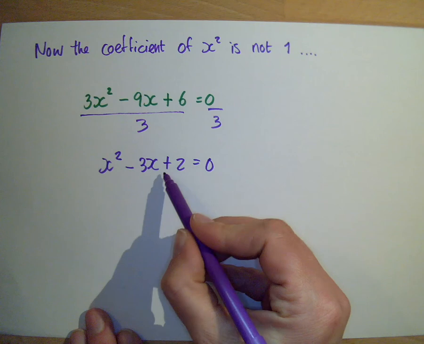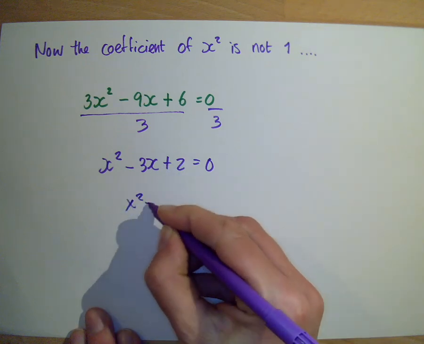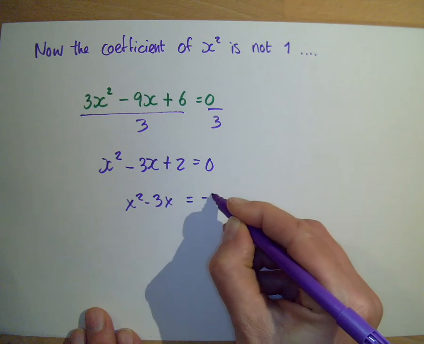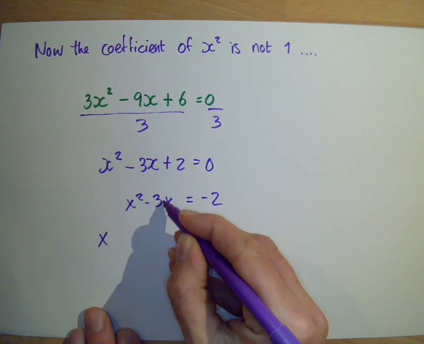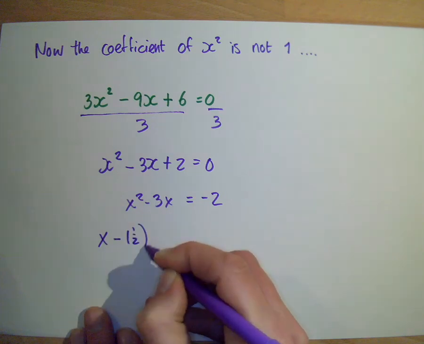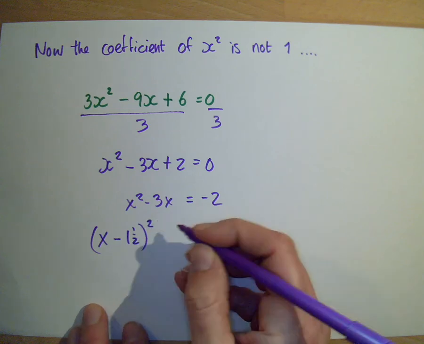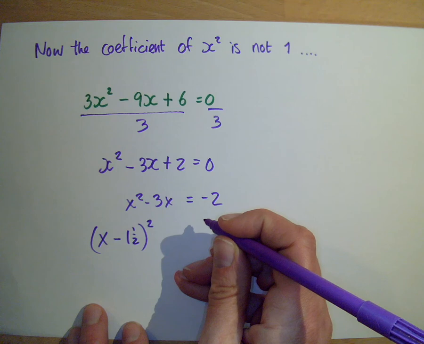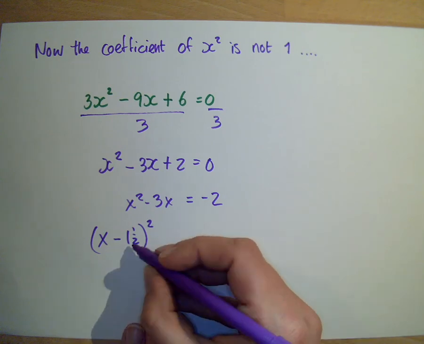And then I solve it. So I move the constant term over to the other side by subtracting it. I complete this square. Half of negative 3 is negative 1.5, right? Okay.